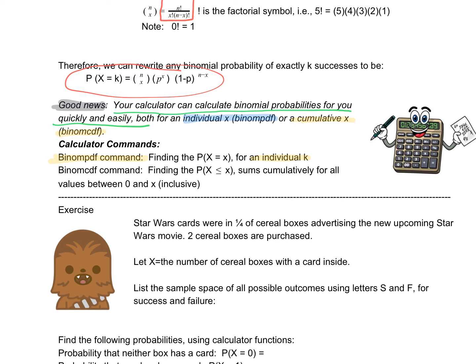I'm just looking for one. If I wanted to know the probability of getting one or more, that would be a CDF problem. Do you see the difference? Equal versus what? Between 0 and x, inclusive. Notice what it says here. Inclusive means it's always less than or equal to.